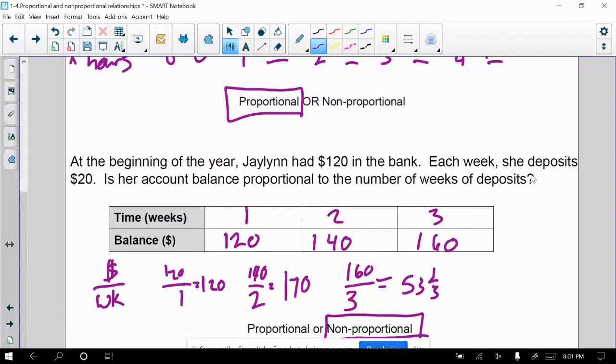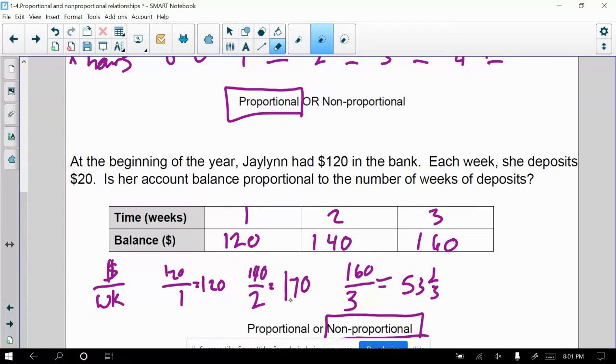She has $120 in the bank. Each week she deposits $20. Is her bank account proportional to the number of weeks of deposits? In her very first week, she had 120. Then she increased by $20 each week, which would seem like it's proportional. But because she already started with 120, it changes what you're actually going to get.